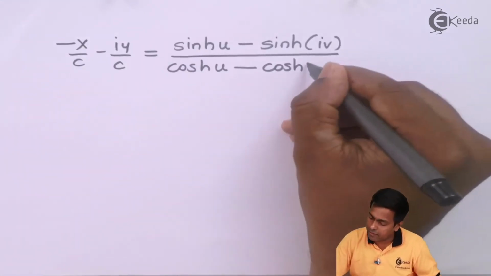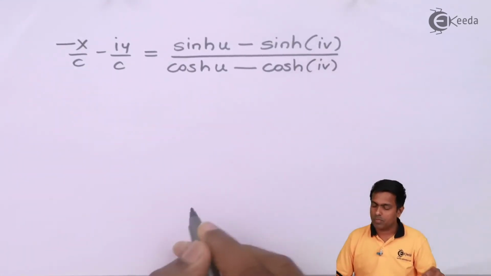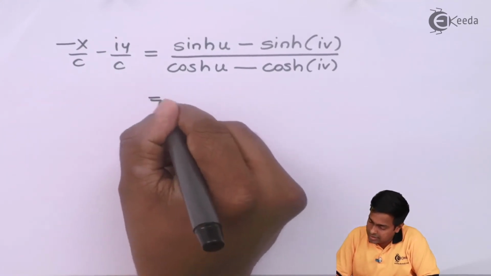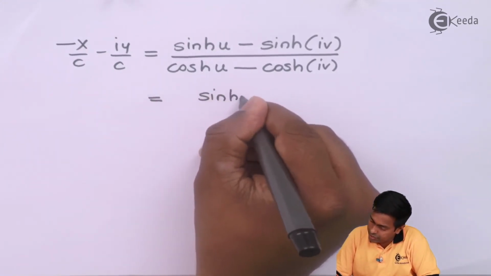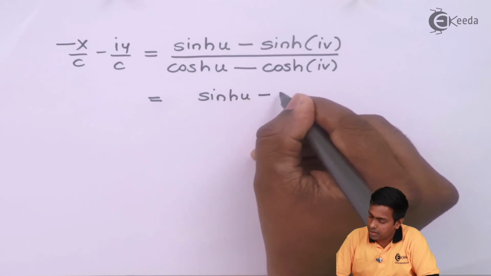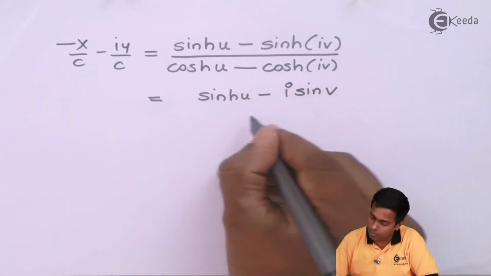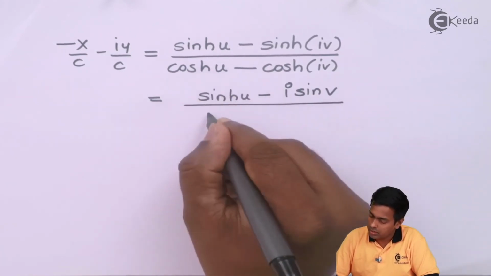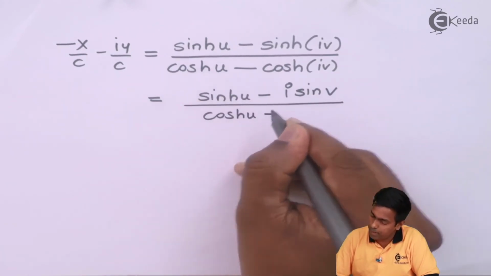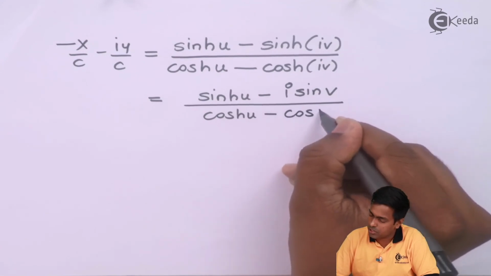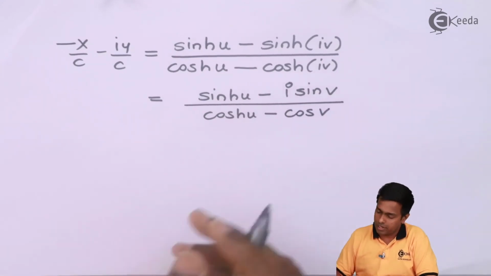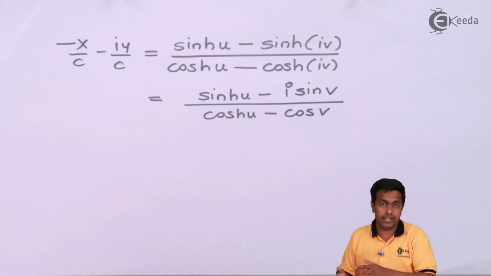So we will get iv. Now this is nothing but hyperbolic sine u. This will be i sine v by the formula, upon hyperbolic cos u minus cos v. Now guys, let's separate it into real and imaginary parts.